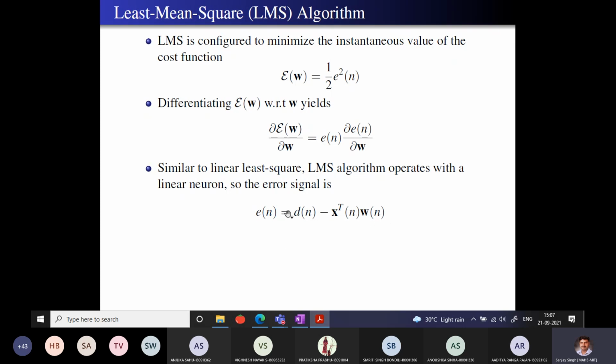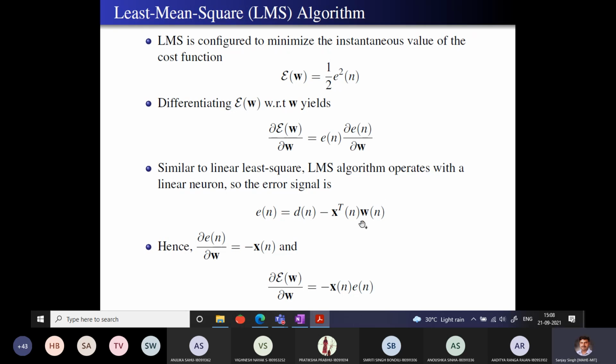So if e(n) is there, and I want ∂e(n)/∂w, let me differentiate it. When I differentiate, for the sake of simplicity I use this partial derivative, but actually you are supposed to use the nabla only. Here, if I take the nabla across it, this is a scalar, so it becomes 0.